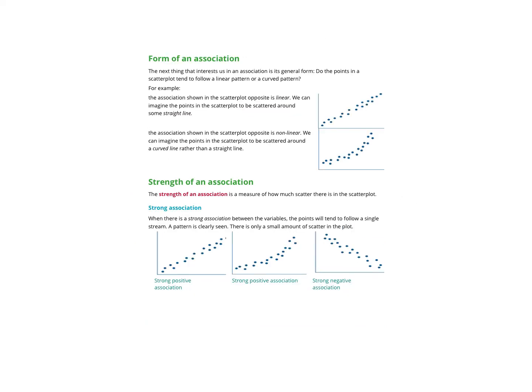Now, the form of the association, of the relationship, is pretty straightforward for us. It's either going to be linear or not linear. And anything that is not linear, then that's the end of it for us at this point. So we'll only be dealing with data that has a linear association.